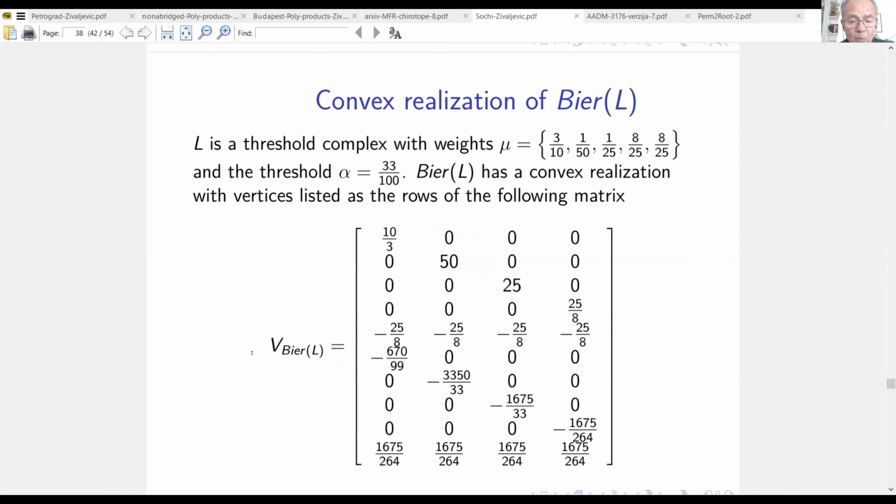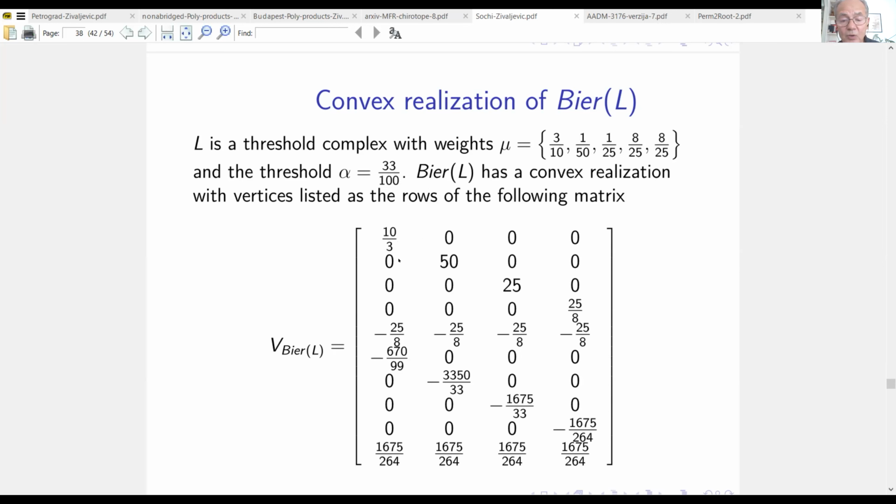And what do we see here? Here we see theorem 1 produces, of course, an algorithm given a threshold complex. You easily have a canonical convex realization, and here if we use this weight distribution, this measure, then it produces this cycle of length 5 with this threshold alpha, and then the corresponding Bier sphere has a canonical polytopal realization with 10 vertices in 4-dimensional space.